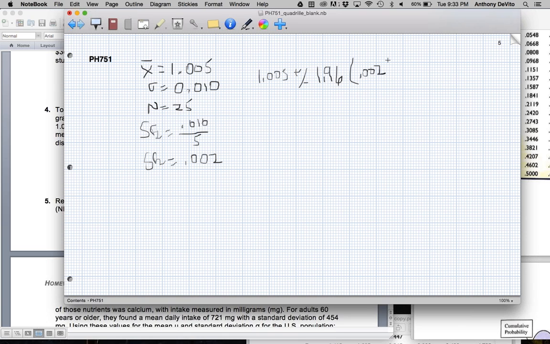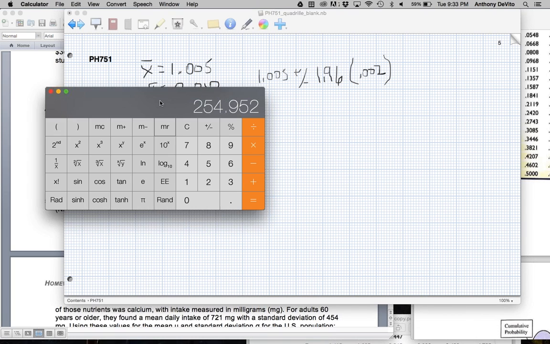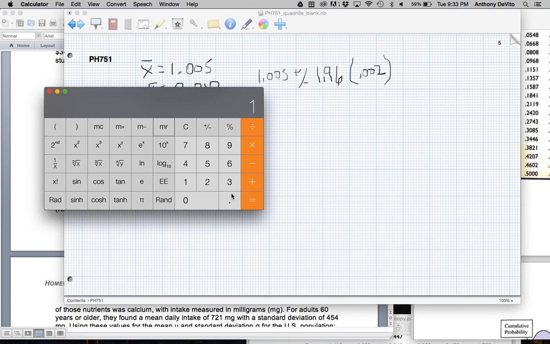Okay, so I'm going to go ahead and resolve this margin of error and get my calculator. So clear, 1.96 times 0.002, and that's my margin of error. Clear, and I'll put it in there.